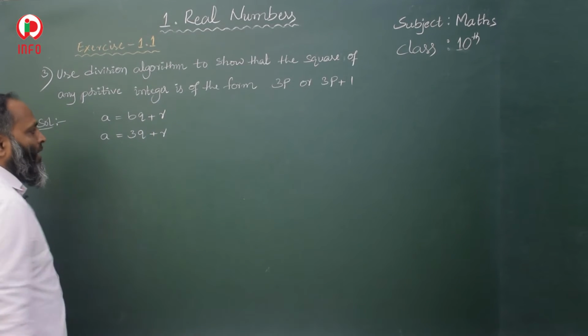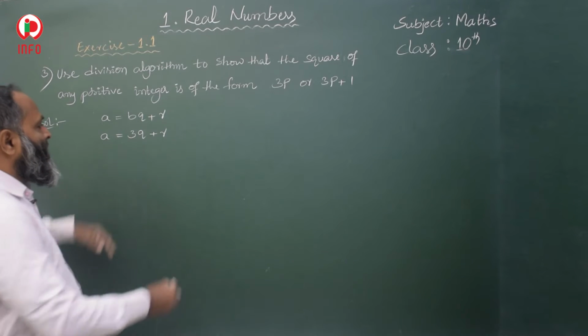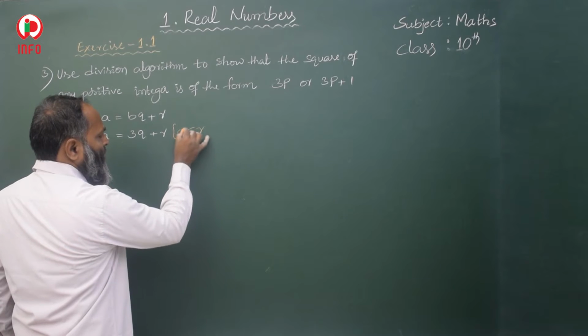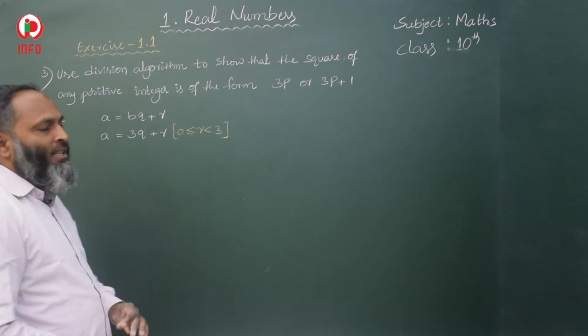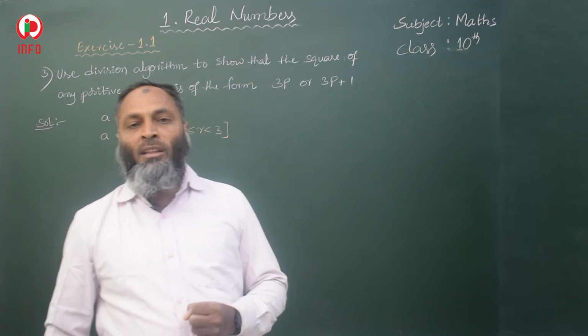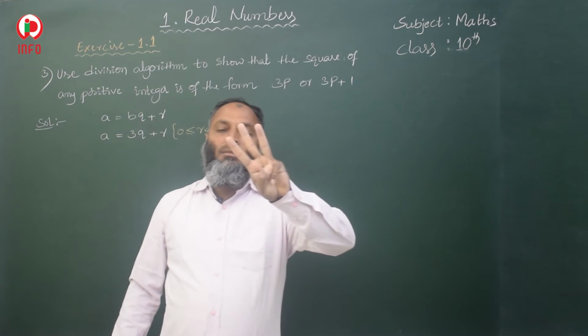So when we divide with 3, the remainders are from 0 to less than 3. When divided by 3, the remainders are 0, 1, 2. These 3 remainders you will get.